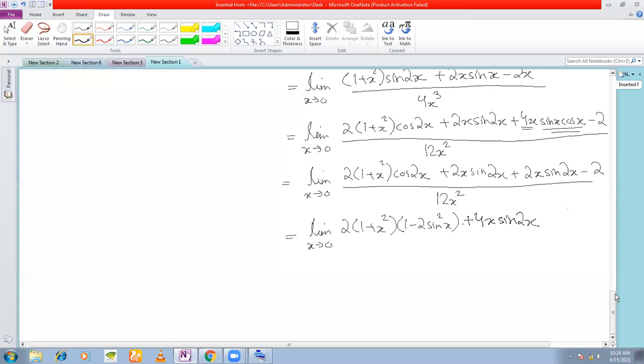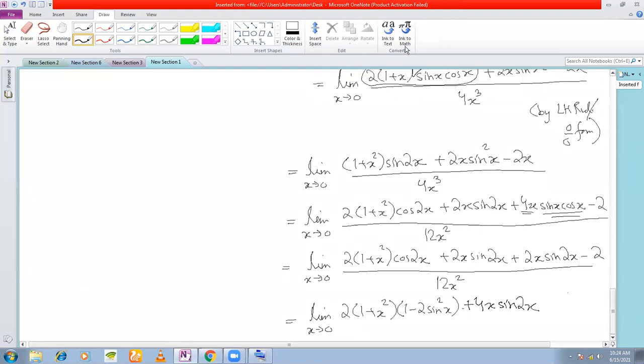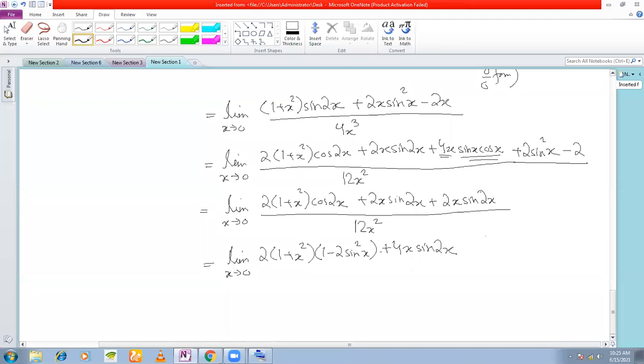Now I am missing something here. Okay, so I had missed in this step 2 sine square x minus 2 here, divided by 12x squared. This we had got by L'Hospital's rule after differentiating.